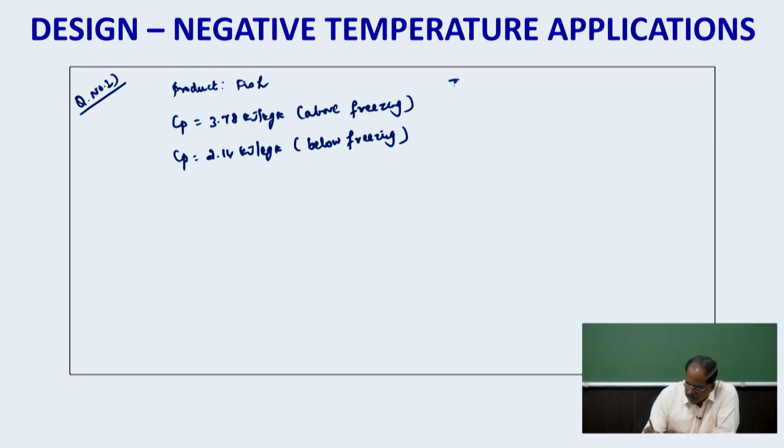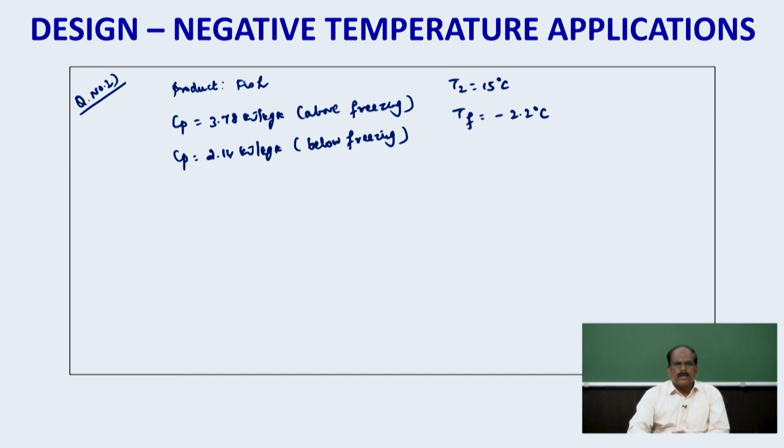Temperatures are given: T2 is 15 degrees centigrade, and the freezing temperature is minus 2.2. The data is the same; the only thing is we are designing for a plate type of freezer instead of a blast freezer.